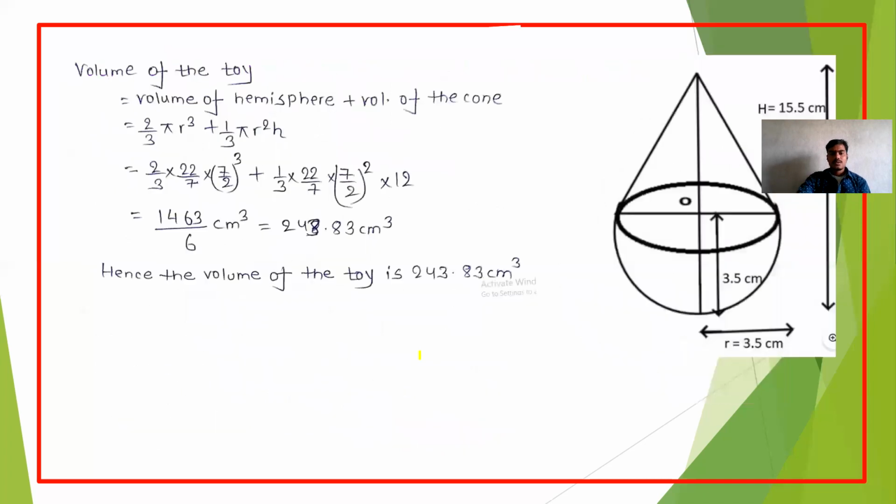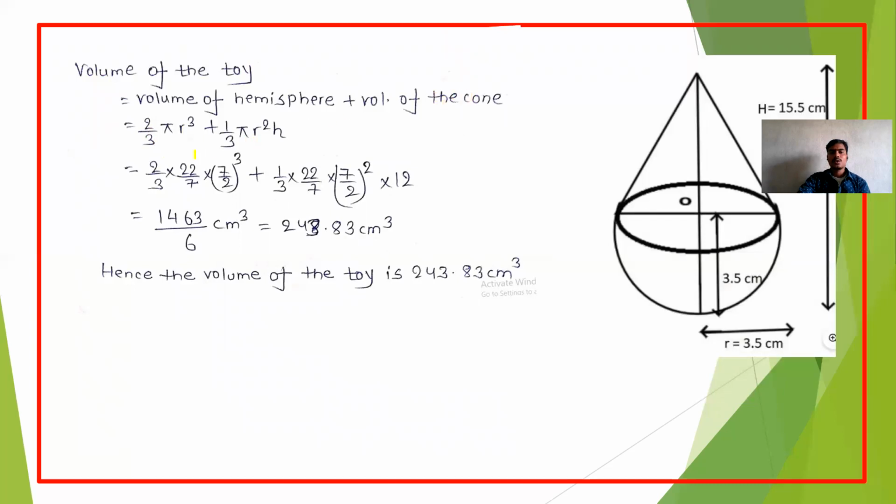Now we are interested in the volume of the toy. What is the volume of the toy? Volume of hemisphere plus volume of cone. Volume of hemisphere is 2 by 3 pi r cube, because the volume of a sphere is 4 by 3 pi r cube. So 2 by 3 pi r cube plus the volume of cone.